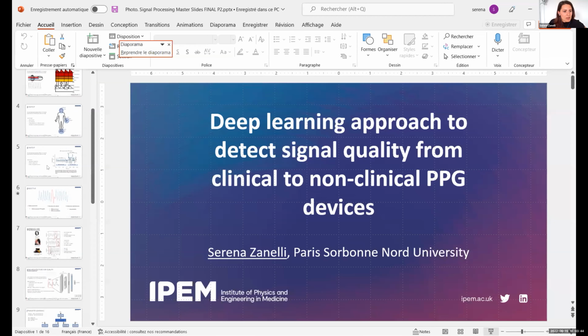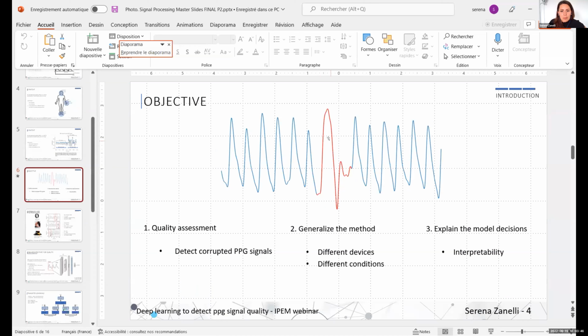It's quite good, actually. Maybe I can share again my screen. So this is actually the model prediction. The red part is predicted by the model. As you can see, the only artifact is composed by this part, so the model is actually quite precise.